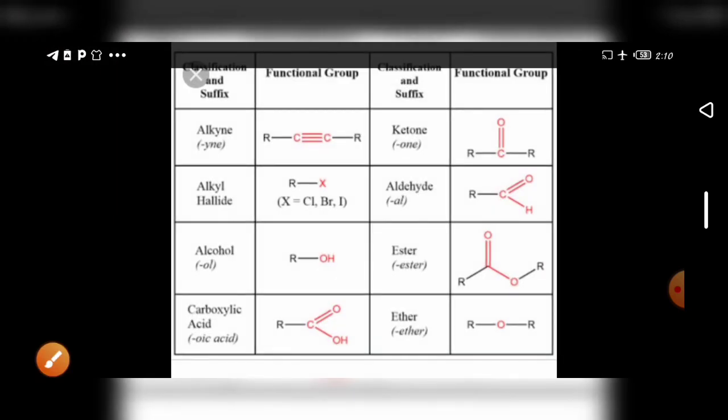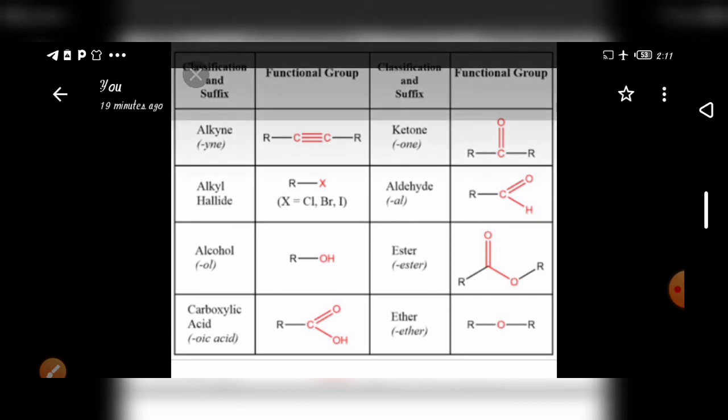Some of the functional groups we see in this lesson. See here, the classification of organic compounds: alkyne, alkyl halide, alcohol, carboxylic acid. I have given the structural form of each functional group. C triple bond C, you know very well, is alkyne. Alkyl halide, X is the halide; the X may be chlorine, bromine, iodine, like that. Alcohol is OH.